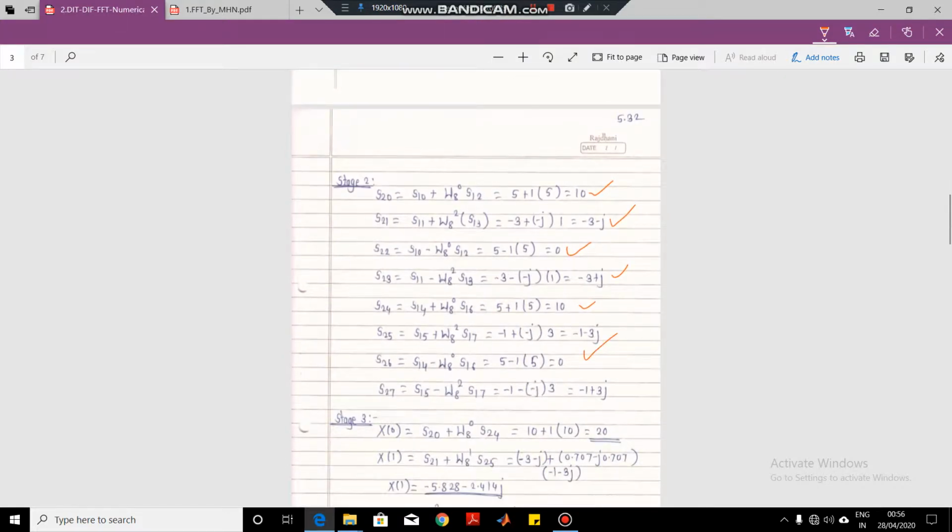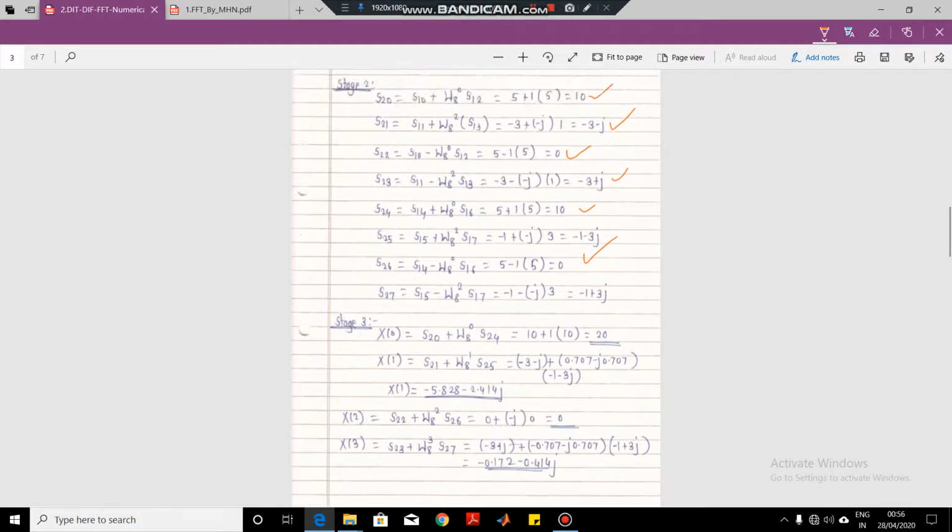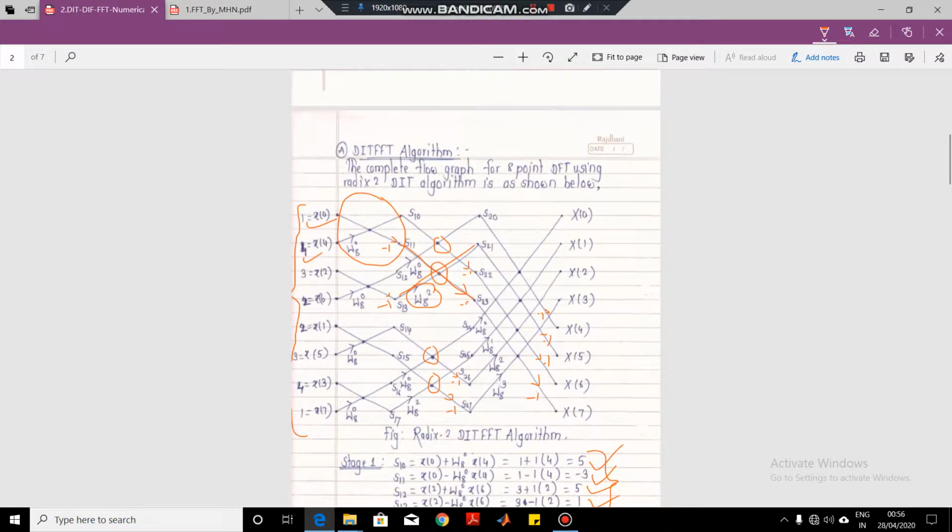Once you get all these outputs, we have to go to the final stage. Again, this is our first butterfly, second butterfly, third butterfly, and fourth butterfly. These are the inputs of the first butterfly, this is the input of the second butterfly, and so on. You have to combine these butterflies with the twiddle factors W80, W81, W82, W83, and here it is minus.